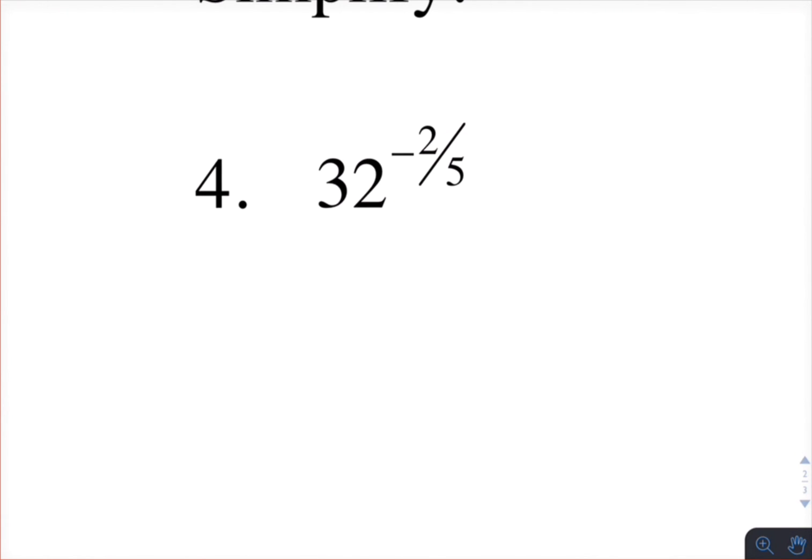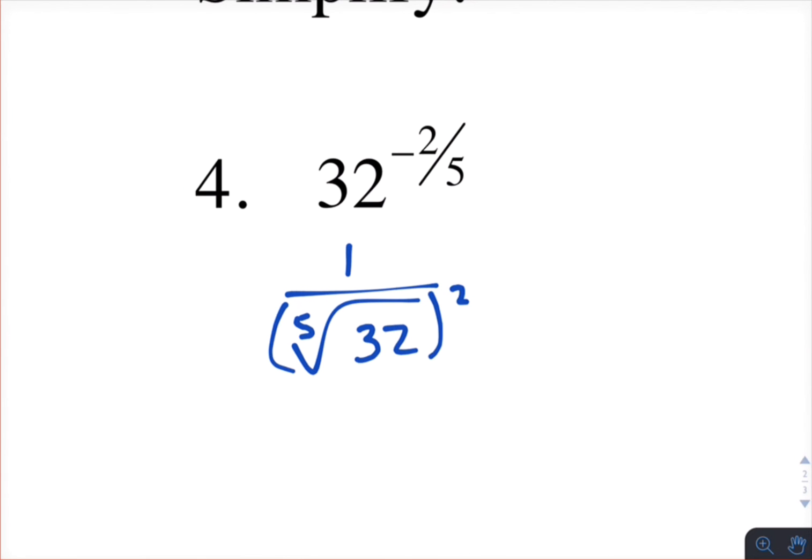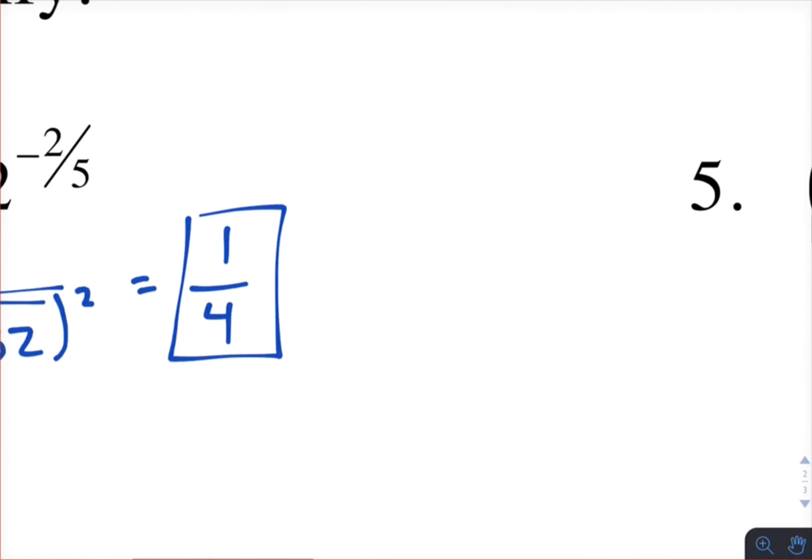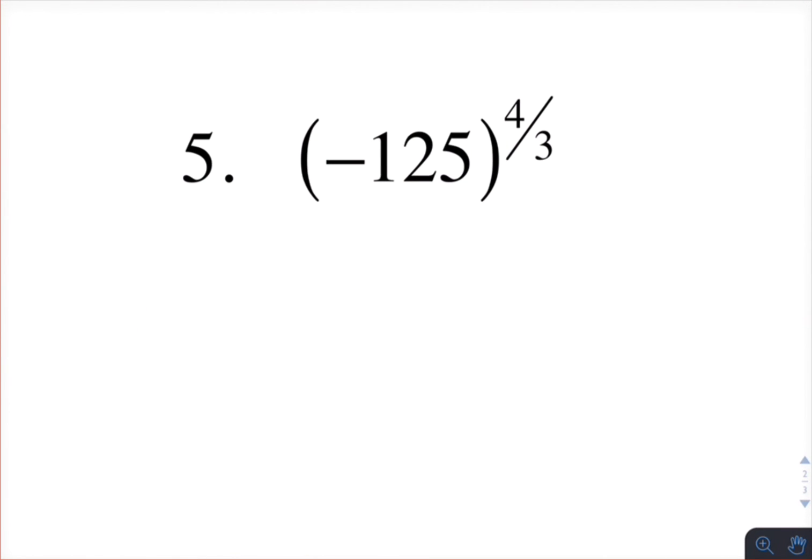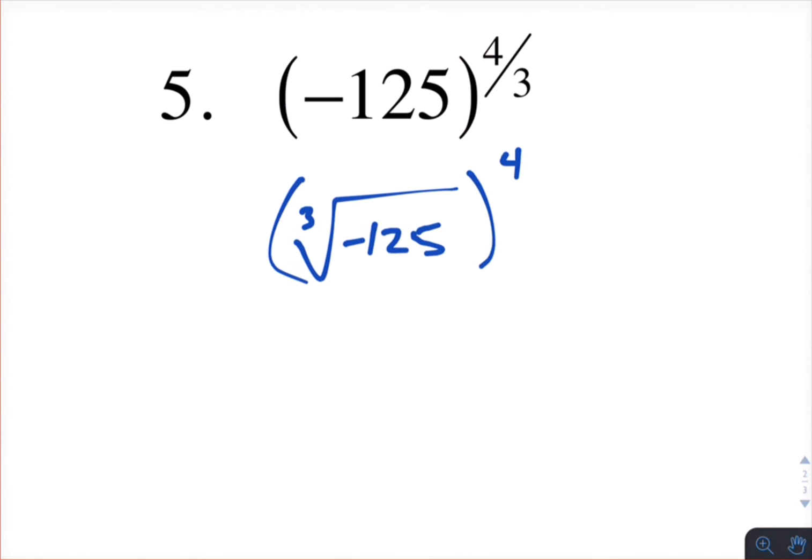So that's 1 over the 5th root of 32 squared, which is 1/4. This is the cube root of negative 125 to the fourth. So that's negative 5 to the fourth, which is 625.